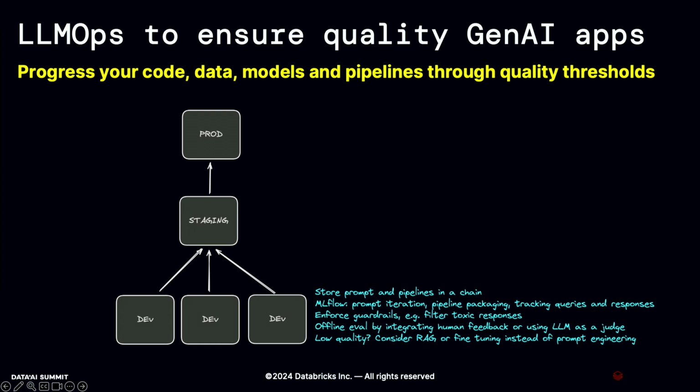Then if the outputs are still of very low quality, you may want to move away from just prompt engineering and leverage what we call RAG, retrieval augmented generation, where you bring context to the LLM to make the answer more contextually correct, or even fine-tune your model. So imagine you want to build a chatbot that gives answers to patients, like medical questions.